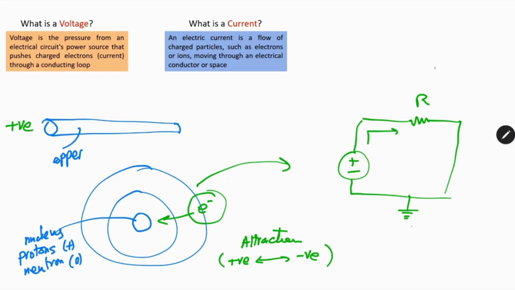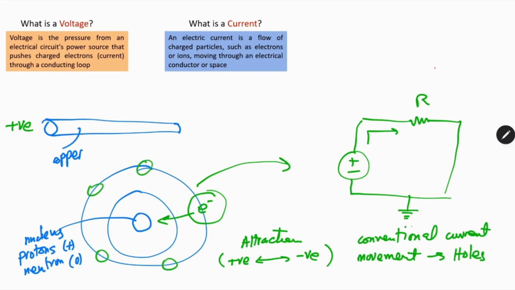There are two types of movement of current. The one which is from positive to negative, we normally call conventional current. If you look at the conventional current, you can say it is the movement of the holes. Because if there are many holes, that is unstable, because it needs electrons to fill it in order to make it stable.